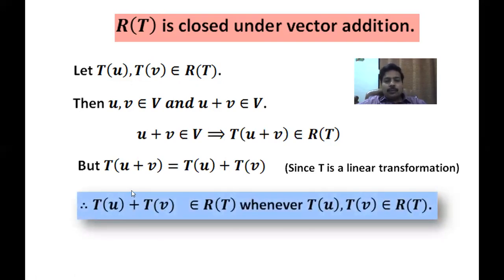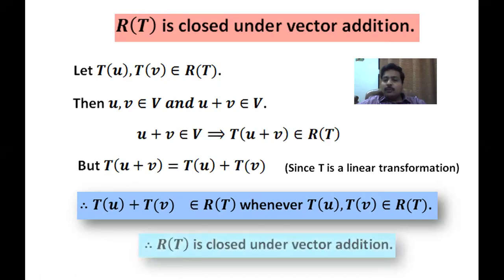Therefore, since T of u plus v is in range of T, T of u plus T of v is also in range of T. So T of u plus T of v belongs to range of T whenever T of u and T of v belong to range of T. This is the closure property with respect to addition. So I can say that range of T is closed under vector addition.